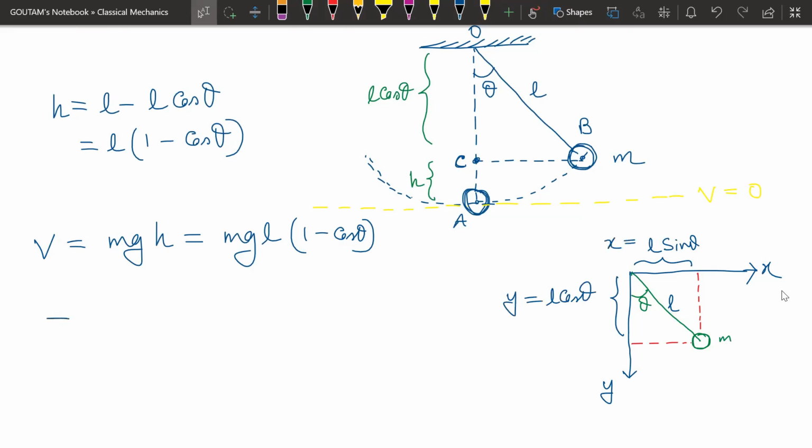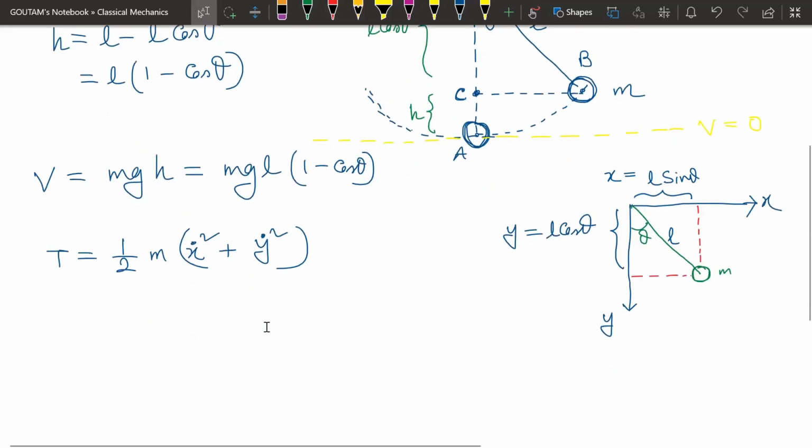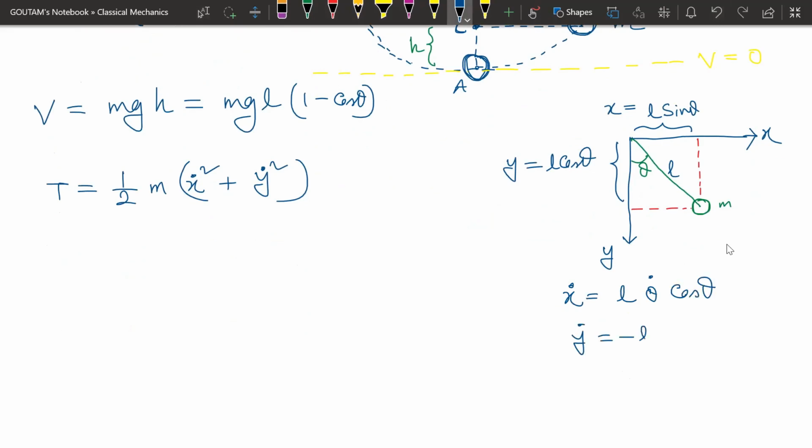We know that kinetic energy T is equal to half m (x dot square plus y dot square). That is half m v square. V square means vx square plus vy square, where vx means x dot and vy means y dot. From this relation, x dot will be L theta dot cos theta, and y dot will be minus L theta dot sine theta.